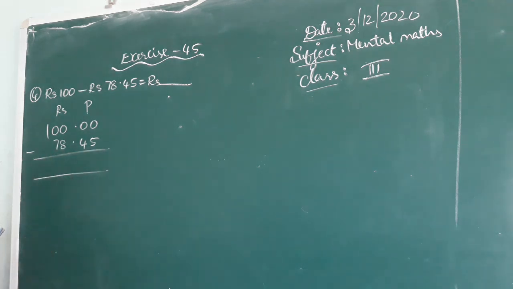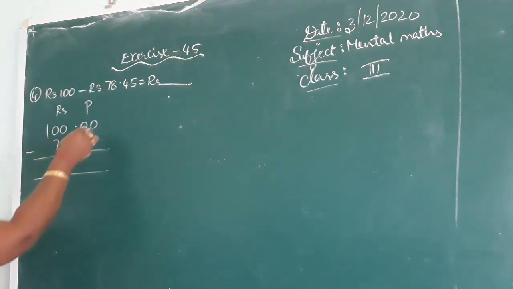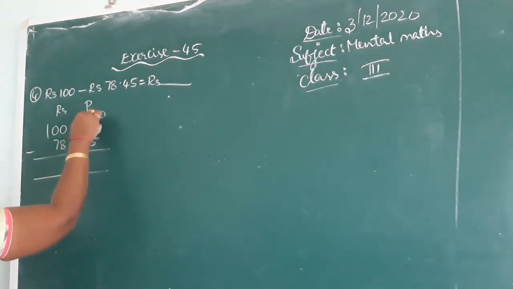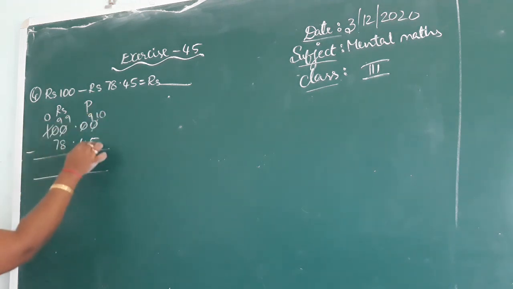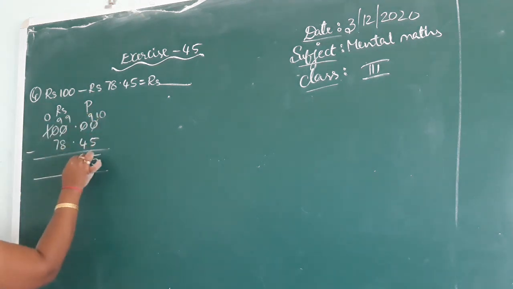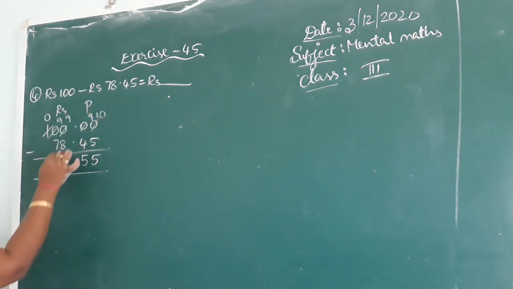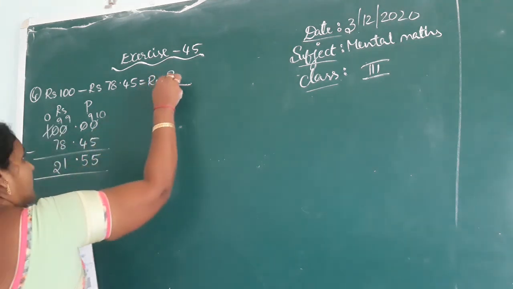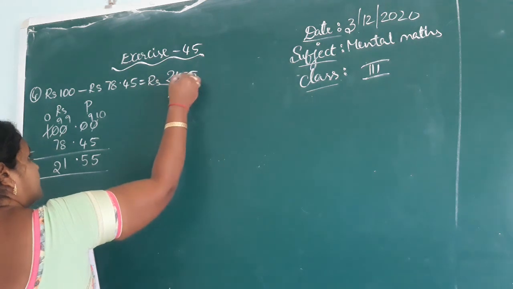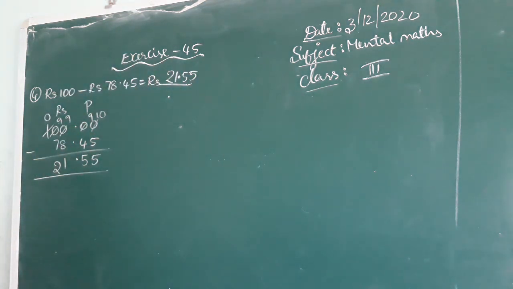If you subtract, it is 10, 9, 9, and this becomes 0. 10 minus 5 is 5, 9 minus 4 is 5, 9 minus 8 is 1, 9 minus 7 is 2. It's nothing but 21 rupees 55 paise.